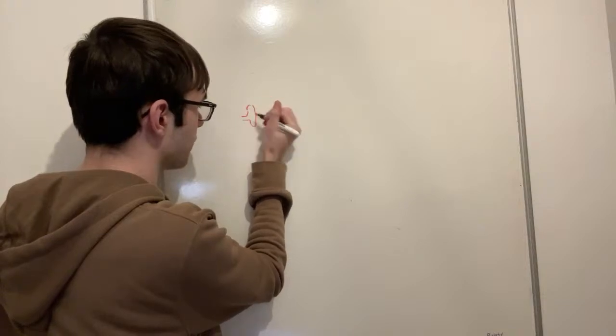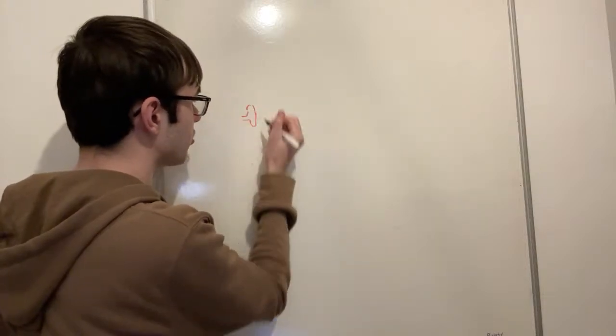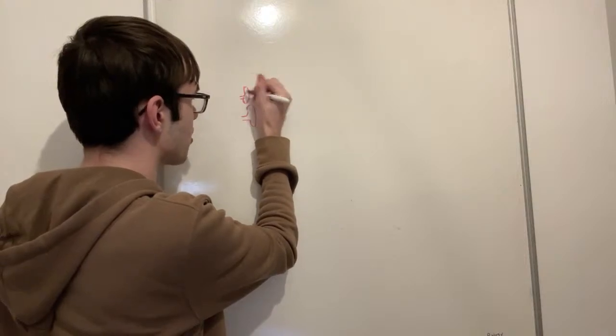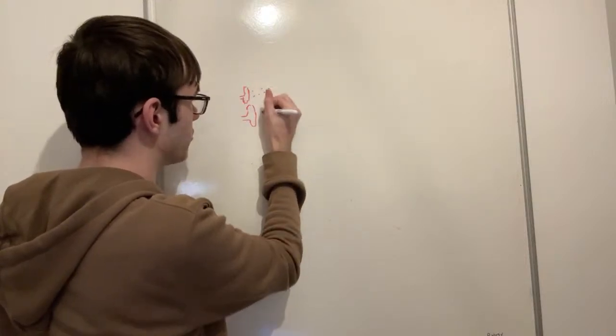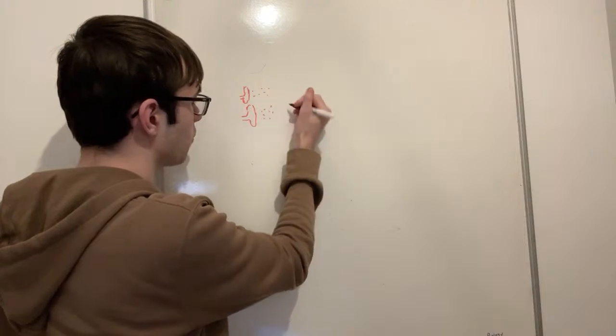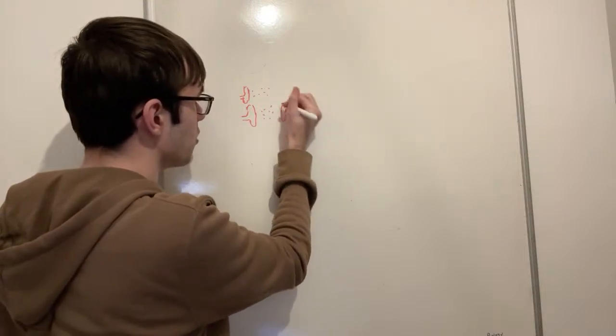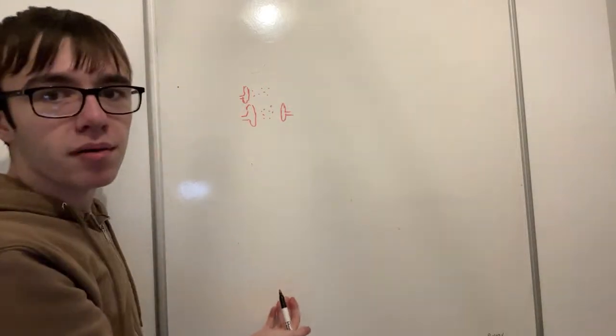I'm just going to draw it like this. Spatial is where you have multiple synapses releasing their neurotransmitter, which means that more neurotransmitter overall is going to reach the postsynaptic neuron.